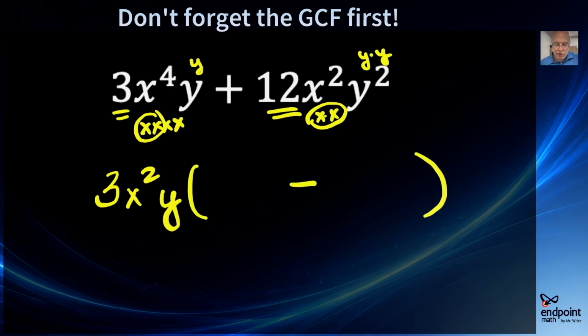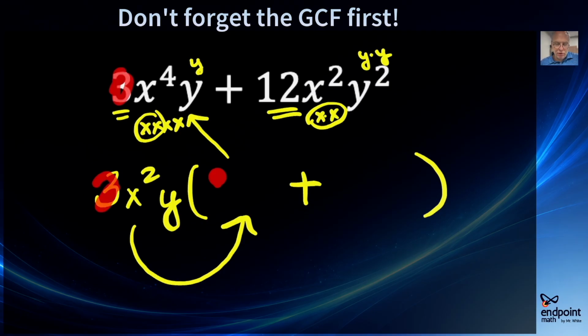Now we have to write what's left behind. So what would have to go right here in this first blank to give us this first one right here? Well, we took 3 and we divided it out, so there's an invisible 1 that's going to go there. If we have 4 x's, or x to the 4th, 4 factors of x, and we divide 2 factors out, 4 minus 2 means we have x squared left over.